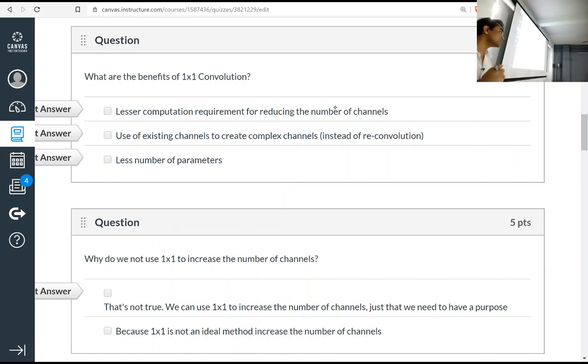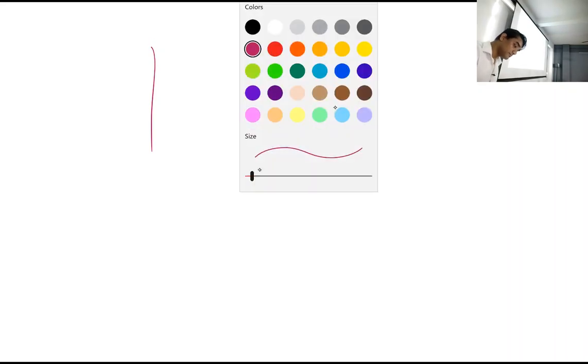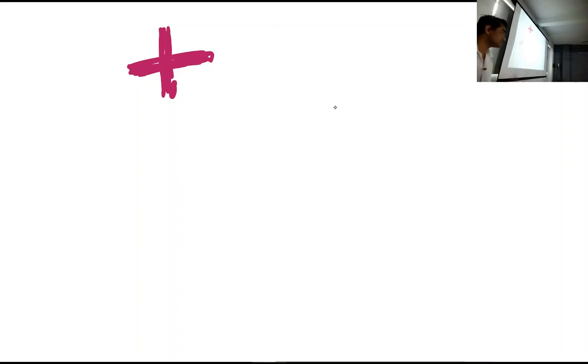When you're using 1x1, it is acting like a DJ, as we discussed last time. Another way of looking at it: let's say you're trying to create something like this, and let us divide this into a bunch of pixels.